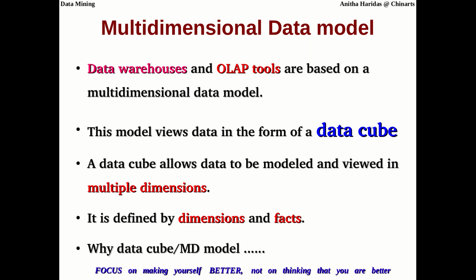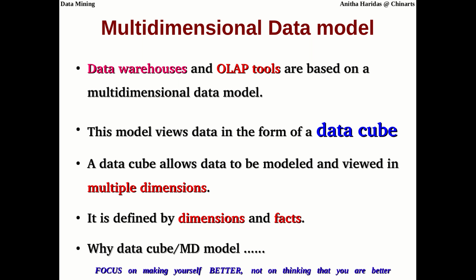Now, whenever I say I am going to analyze the data, the analysis will not be based on one particular dimension. Instead, the analysis may be based on more than one dimension. Say for example, I want to analyze the sales of a particular organization.